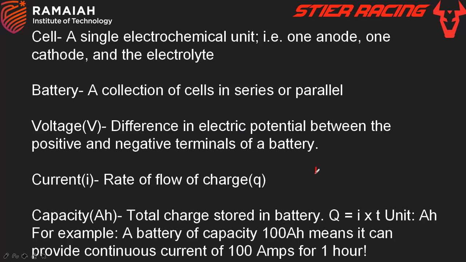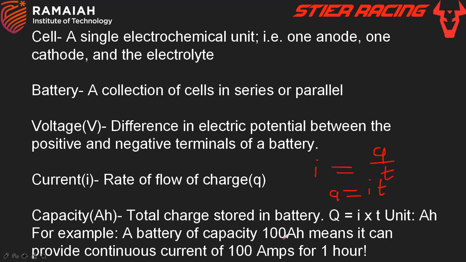We all know current I equals charge by time. If I multiply by time, then we have Q equals I into T. I has a unit of ampere, and if we take T as hours, then ampere hour is nothing but the capacity of the battery.